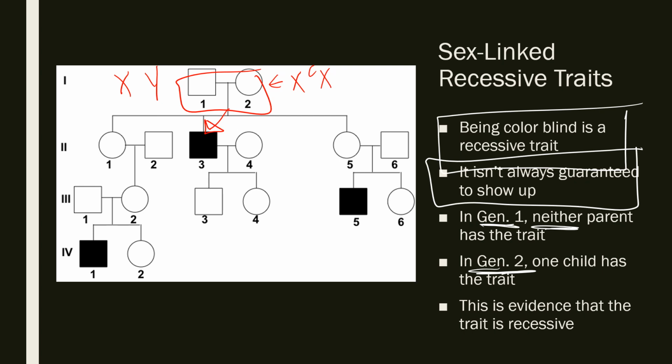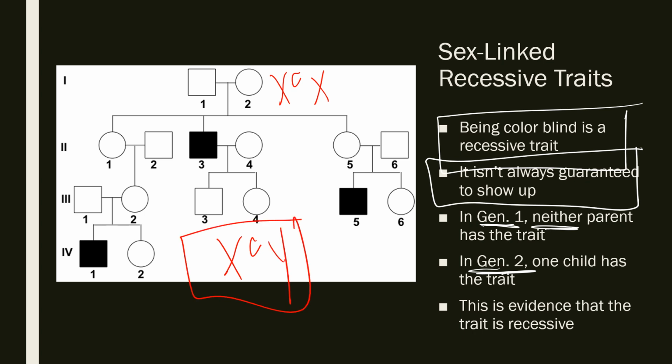Now, again, it's recessive, which means it's not likely to show up unless this individual, who again, note, squares are male, only has one X chromosome, meaning that because his mom was a carrier, otherwise known as XCX, he inherited the genotype XCY. And this is the only genotype.